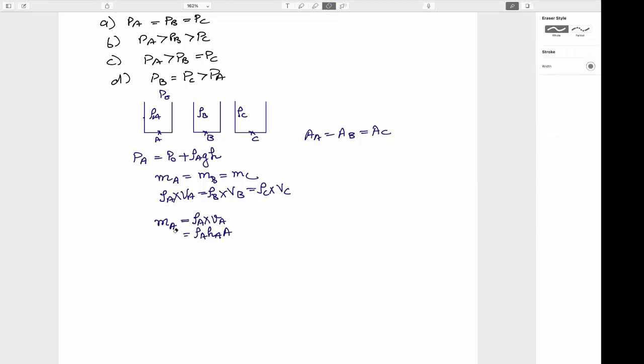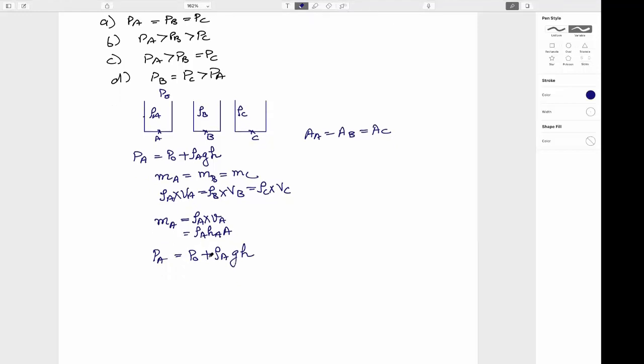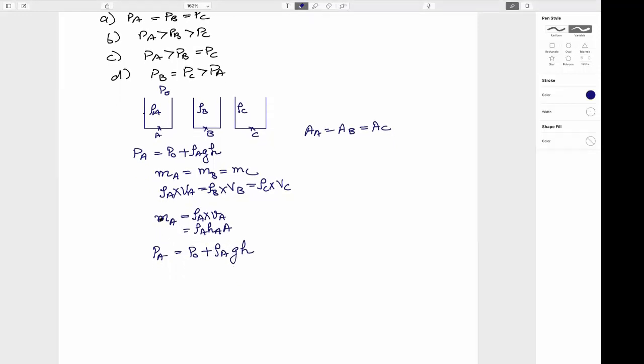So let's put this here. What we get is PA is P naught plus rho A HA, so it is rho GH. Can we substitute rho in terms of mass?